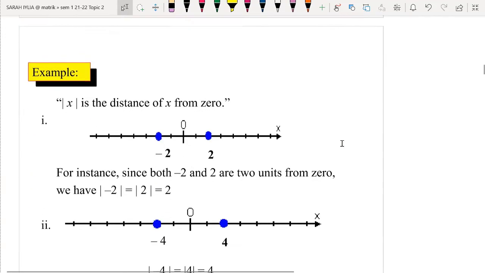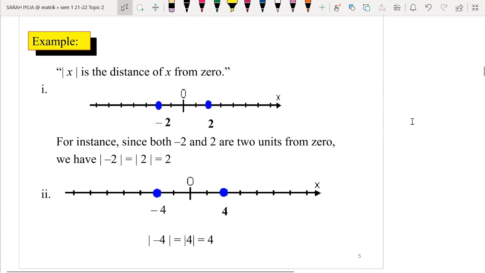Maksudnya kat sini, kita terus tengok contoh. Let's say saya ada absolute value of 2. Absolute value of 2, it can be 2 sebab dia bergerak 2 ke kanan, ataupun dia boleh jadi negative 2 sebab dia bergerak 2 ke kiri.